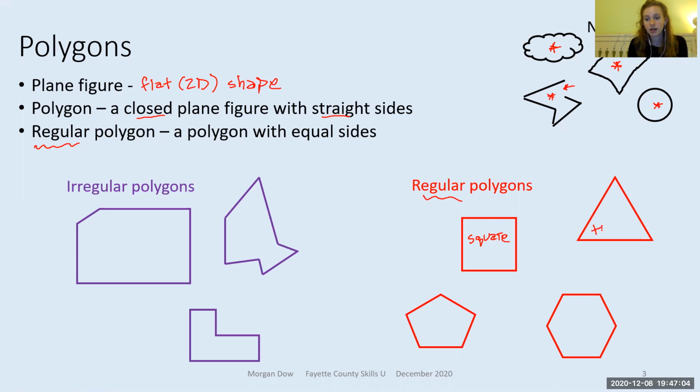You can have a triangle that has three equal sides. And then here we've got a shape with 5 equal sides. A shape with 5 sides is called a pentagon. And then this last red shape here has 6 equal sides. A 6-sided shape is sometimes called a hexagon.